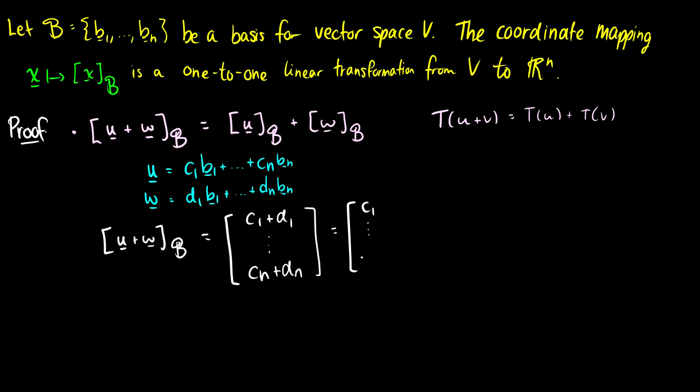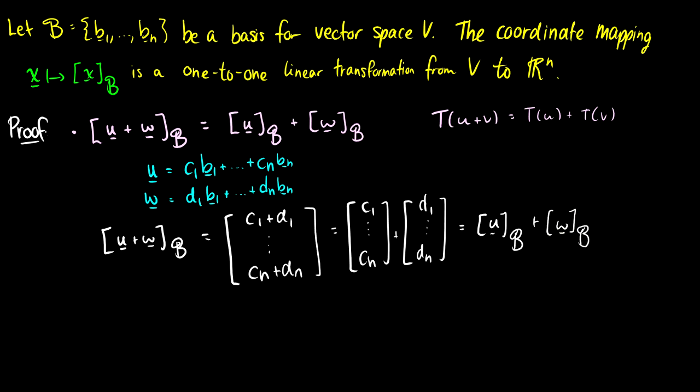So we can take c1 all the way up to cn, and then we can add the vector d1 all the way up to dn. And, just by definition, this is equal to the vector u relative to B plus the vector w relative to B. So that's the first step. We've shown that the transformation on adding two vectors is the same thing as the transformation on one plus the transformation on the other.